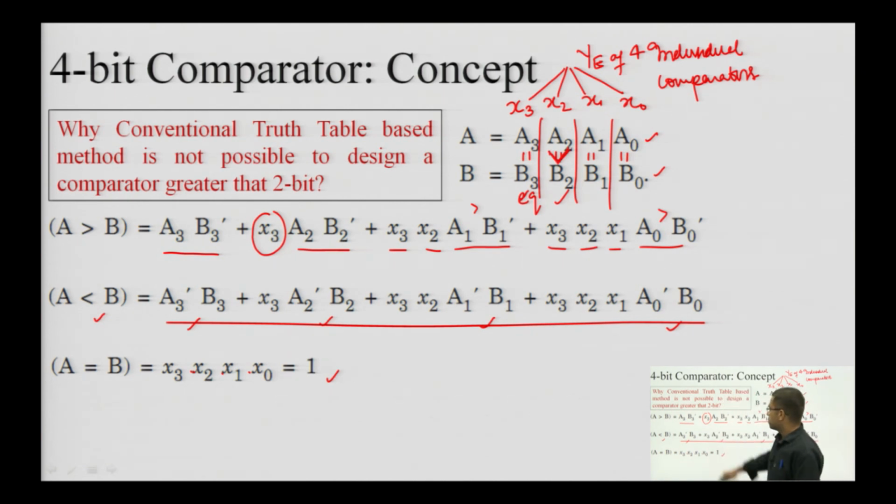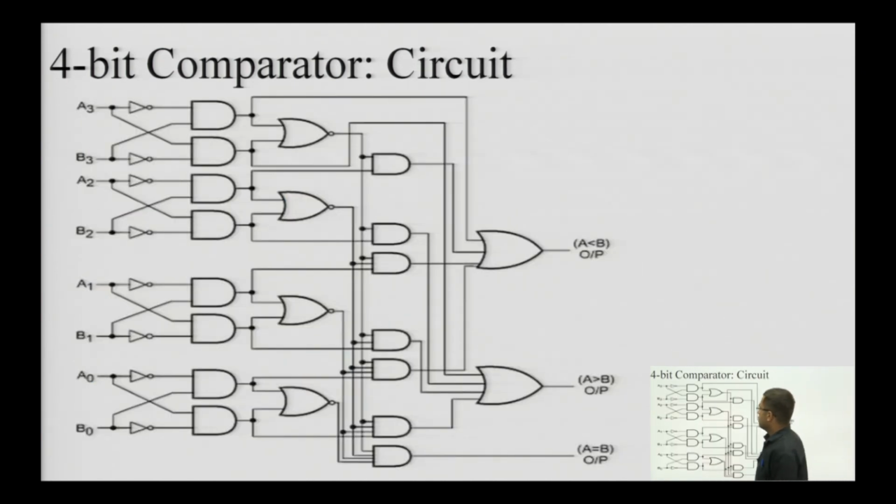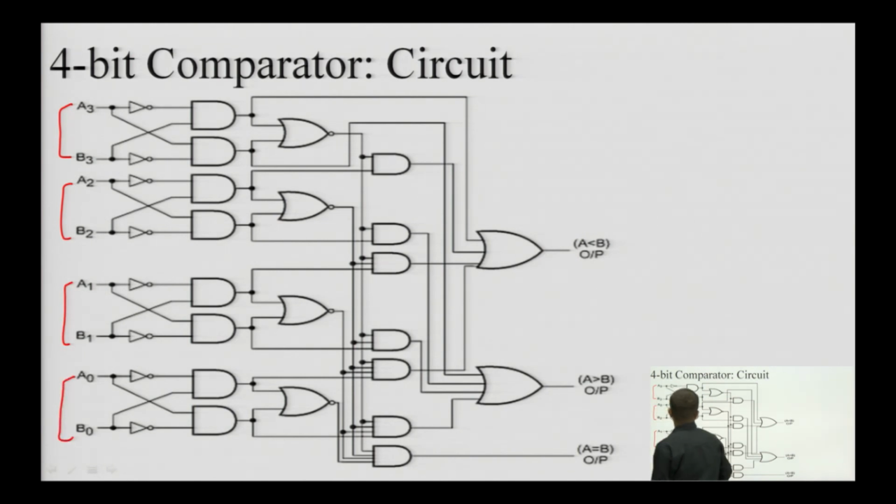So, if these expressions are converted into a circuit, then we can see that this is the first 1-bit comparator module for A3 B3, A2 B2, A1 B1, and A0 B0. So, this is YL3, this is YG3, similarly YL2, YG2, YL1, YG1, YL0, YG0.